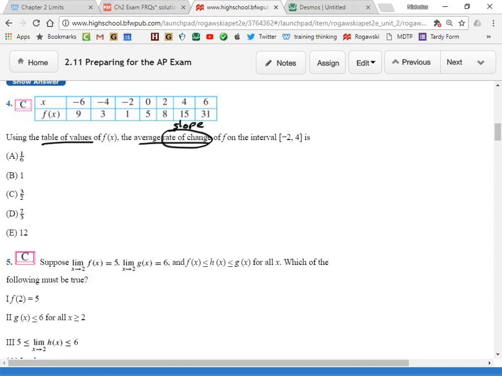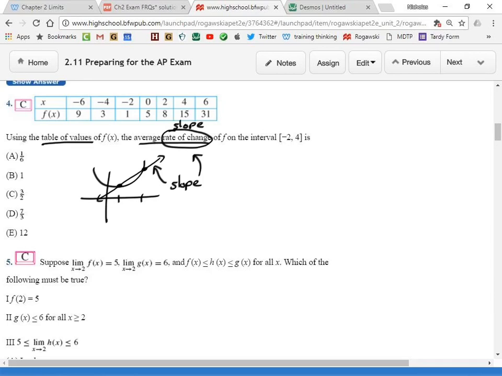So what's the difference? Average rate of change, if you have a curve like this, takes 2 points and you connect a line, and this is known as a secant line. The slope of this is known as the average rate of change. To find the slope, you subtract the y's on top and subtract the x's on the bottom.